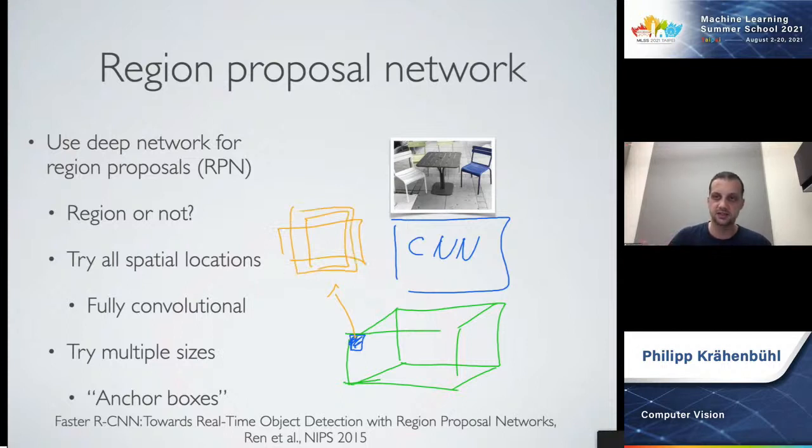And they classified where they think objects are with respect to these anchor boxes. So they just said, well, maybe at this location, this anchor box might contain an object, or maybe this other one here might. And so you can reduce this proposal step to just classifying a set of fixed anchors into there might be an object here, or there might not be an object here.